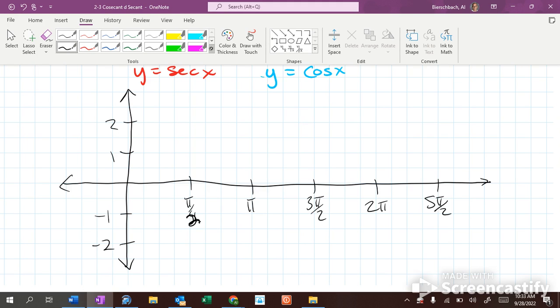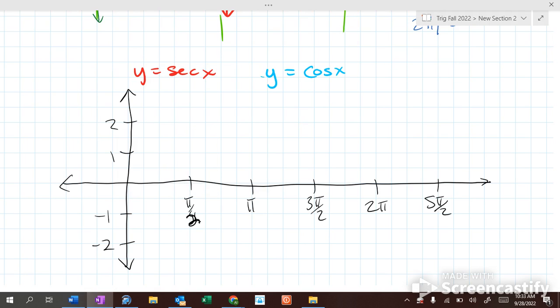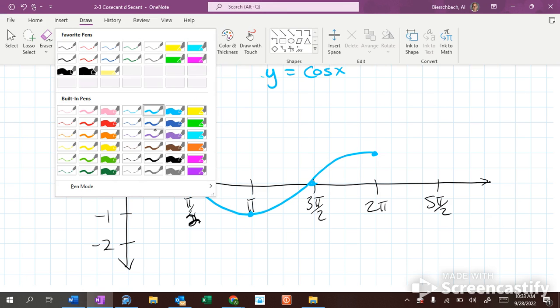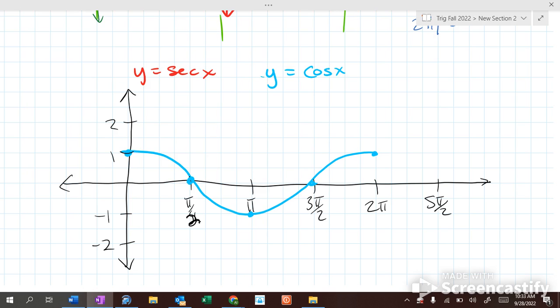All right, so if I graph my cosine curve, where's cosine start? 1, then I go to 0, then I go to -1, then I go to 0, then I go to 1. Where do you think I'm going to put my asymptotes on this one?